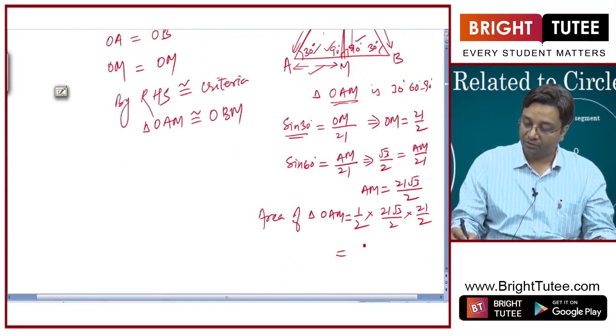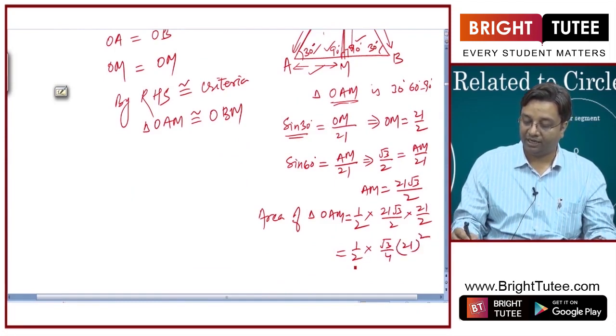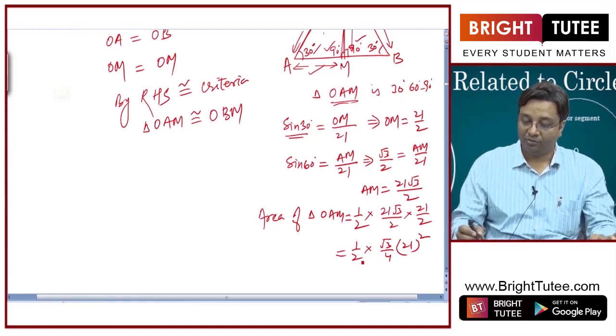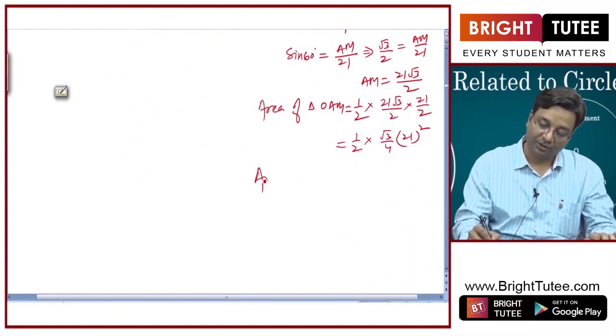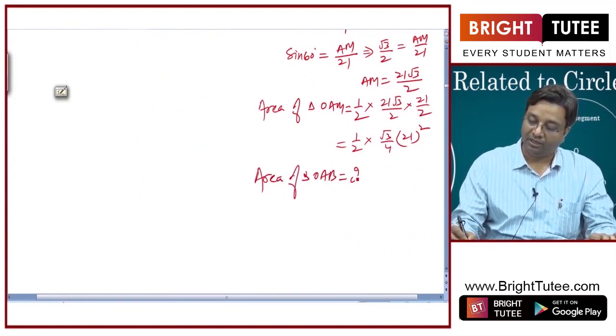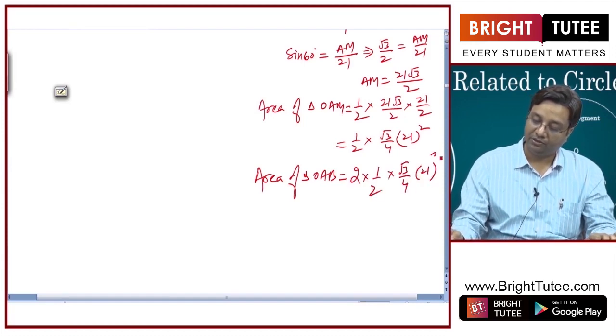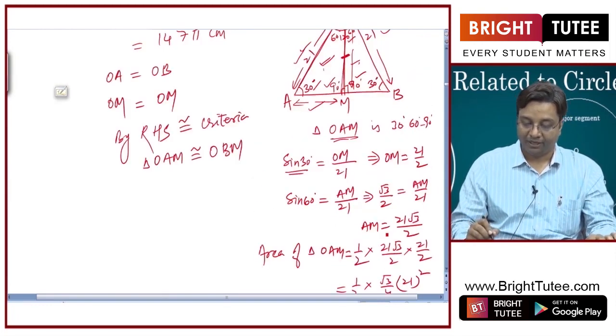So it is equal to half root 3 by 4 21 squared. I have kept this half aside because I need to multiply it by 2 to calculate area OAB. So area of triangle OAB is equal to double of it, right? Half into root 3 by 4 21 squared. So it gets cancelled. So it is equal to root 3 by 4 21 square is 441, right?